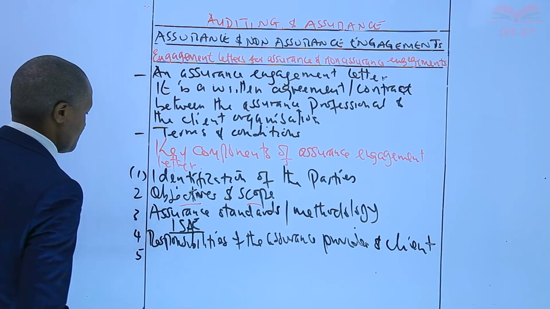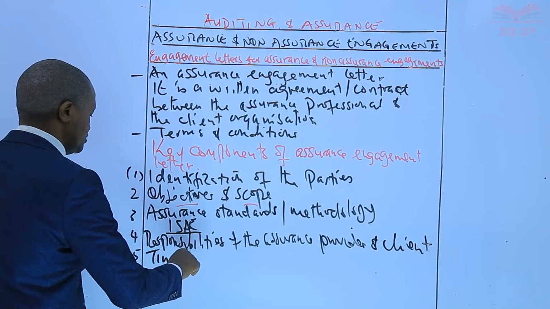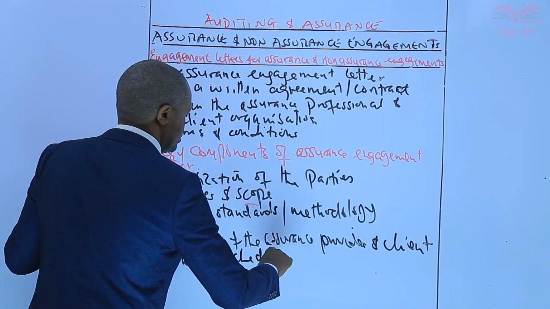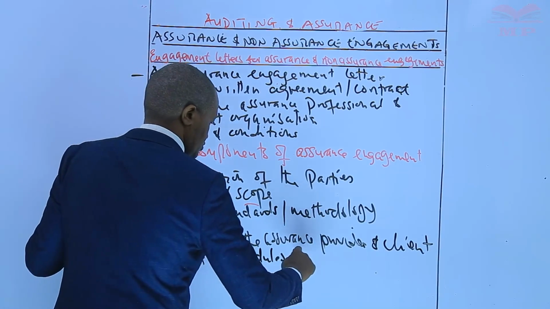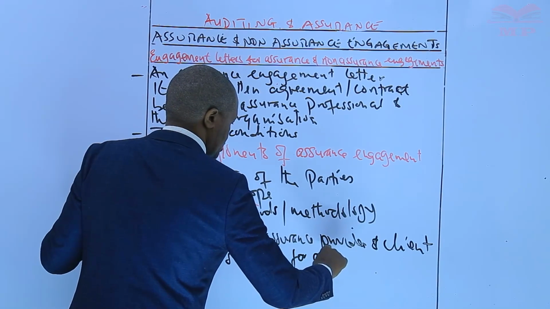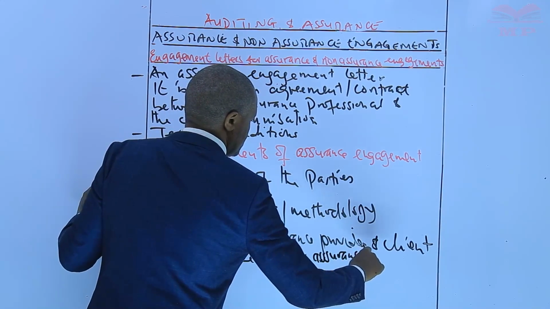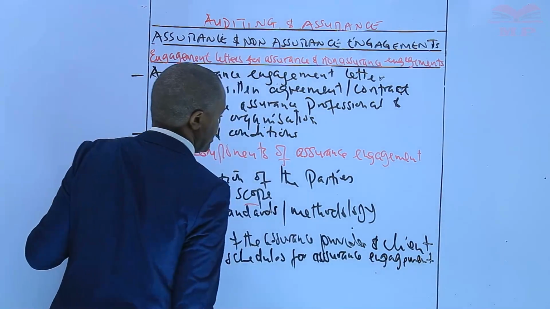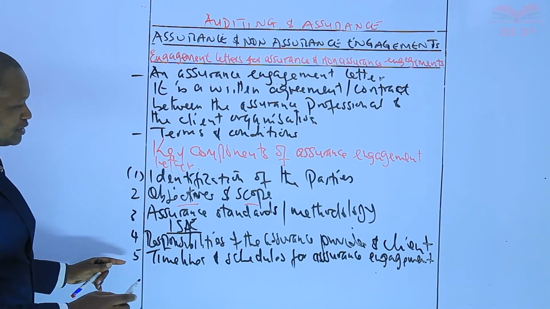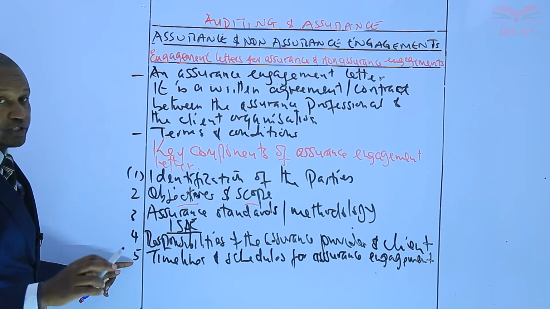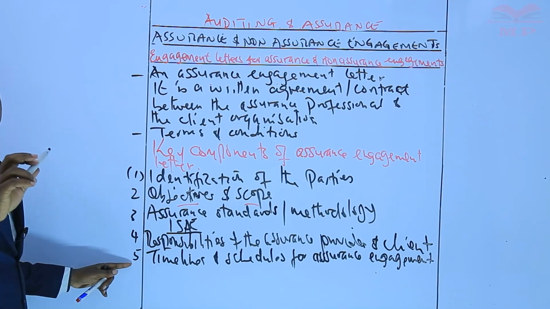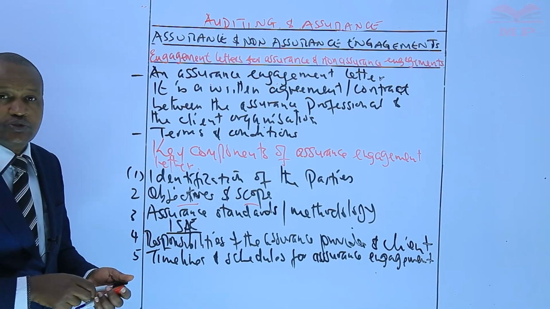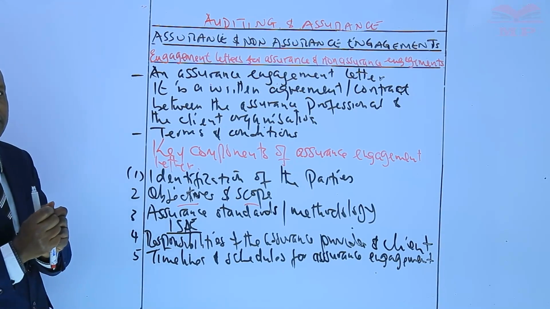Number 5, timelines and schedules for assurance engagement. Within the engagement letter, there has to be timelines and schedules for assurance engagement, specifying important dates, important milestones, and deadlines.